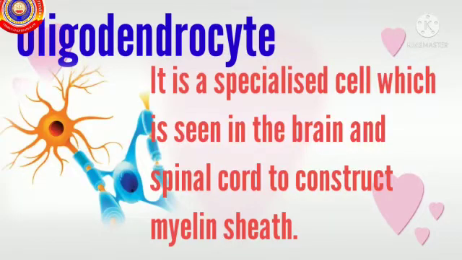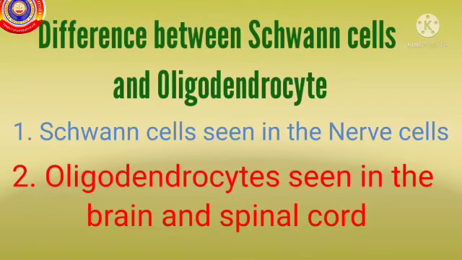It is a specialized cell seen in the brain and spinal cord to construct the myelin sheath. Now let's discuss the difference between Schwann cells and oligodendrocytes. Schwann cells are seen in the nerve cells, whereas oligodendrocytes are seen in the brain and spinal cord.